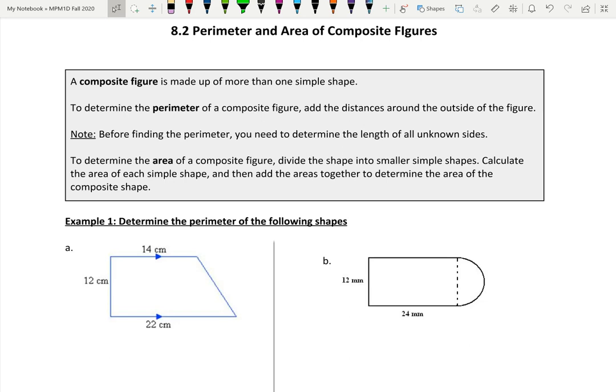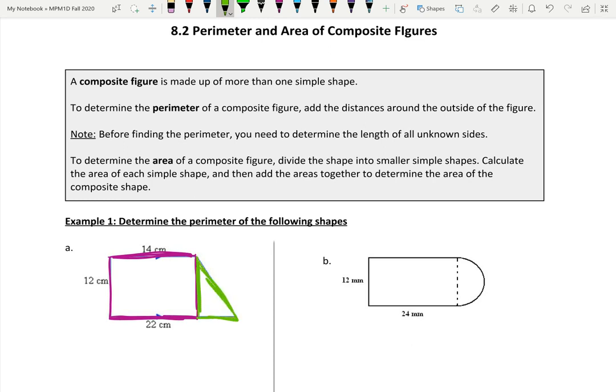So right here, in example A, we have a rectangle. Now we can split it up into a simple shape, which is a rectangle, and then we also have a right triangle.